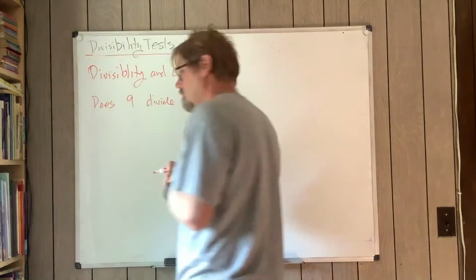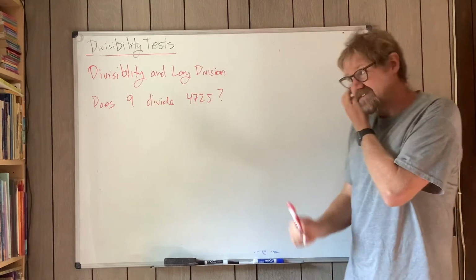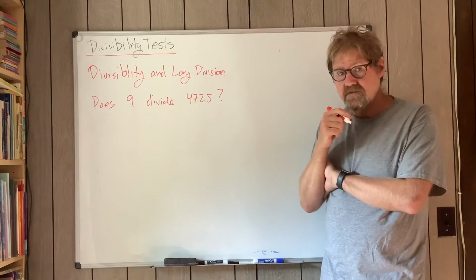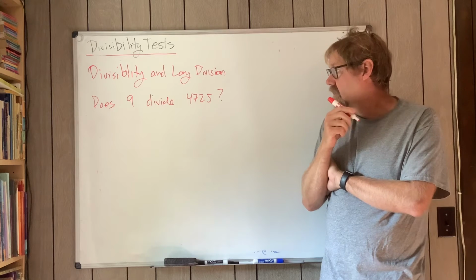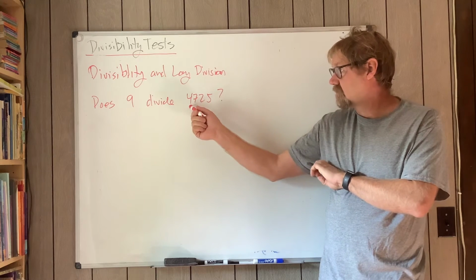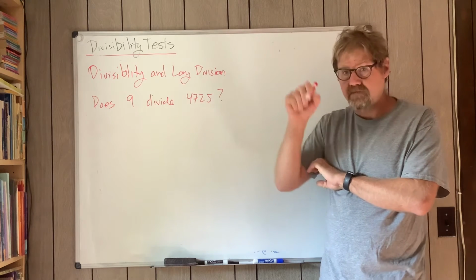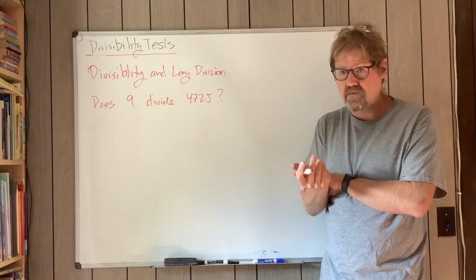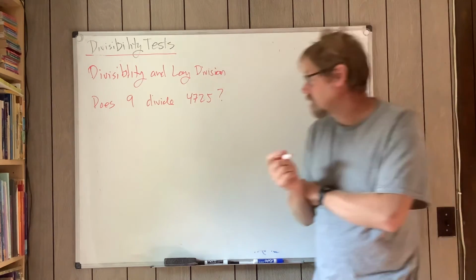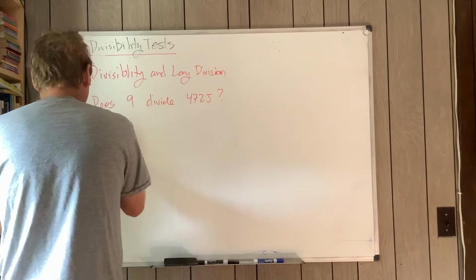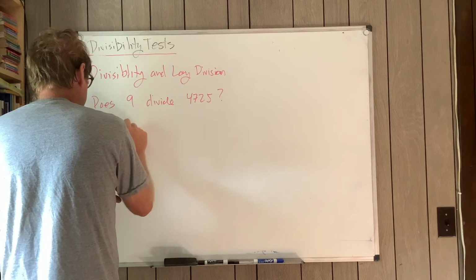Okay, so this is an example that I don't want to do with a grid. That would mean writing down 4,725 little boxes and really making sure it's right. So let's do long division here.